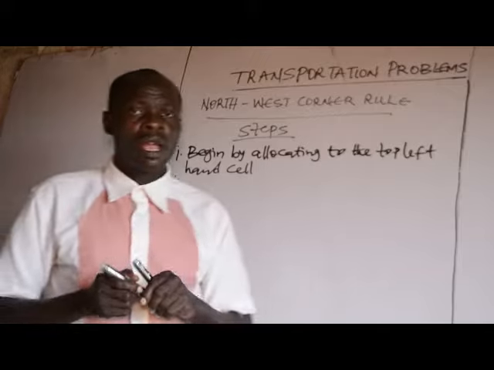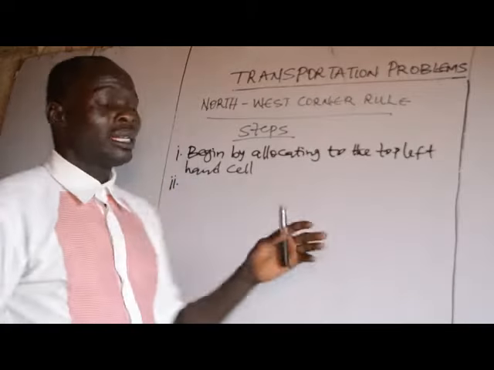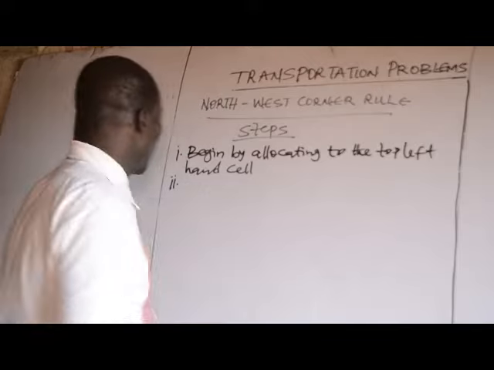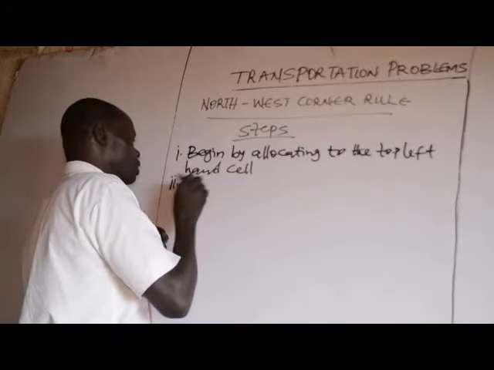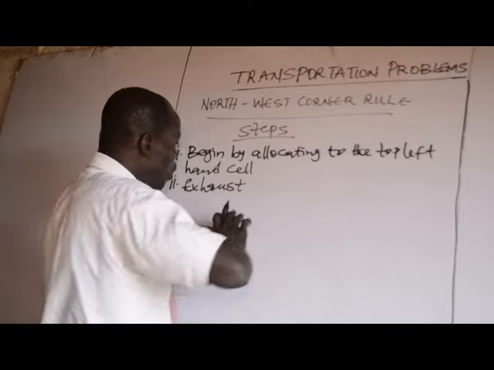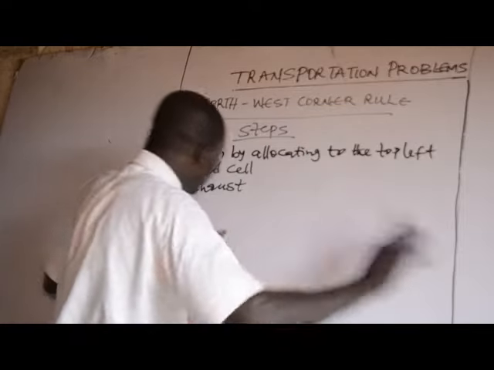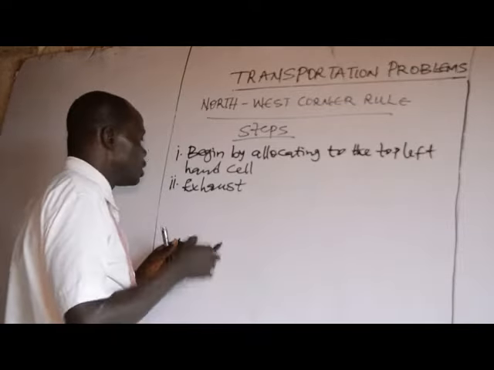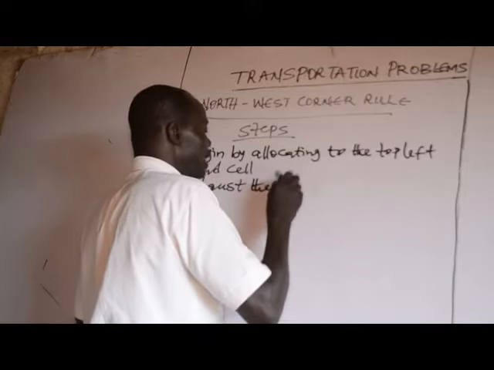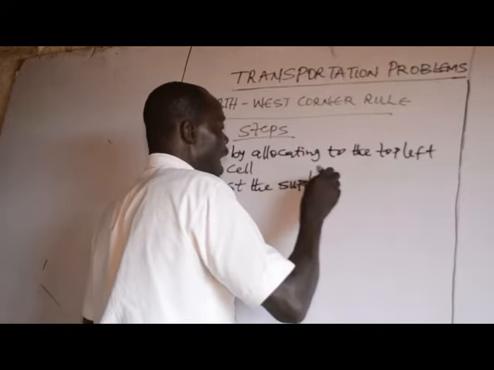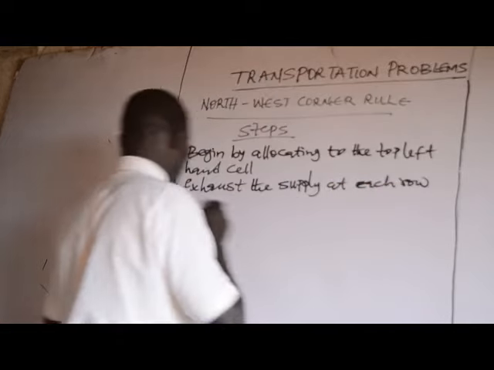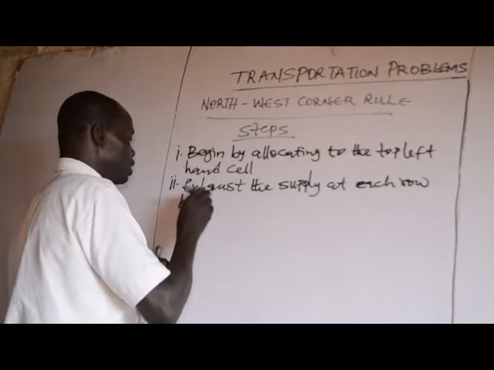Step 2. Exhaust the supply at each row before moving to the next row. That is, you have to make sure that the whole of the supply at each row is exhausted before moving to the next row.